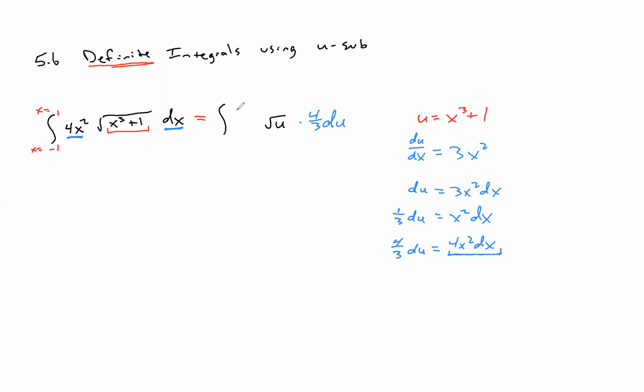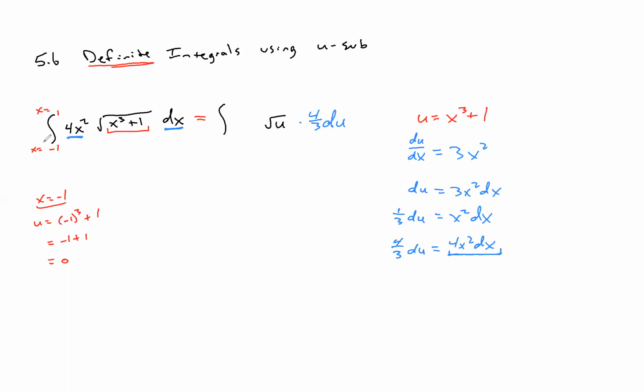All right, so let's come back to our original numbers. If x is -1, what should u equal? Well, come back to our substitution. U equals x cubed plus 1. So u equals -1 cubed plus 1. -1 cubed is -1.